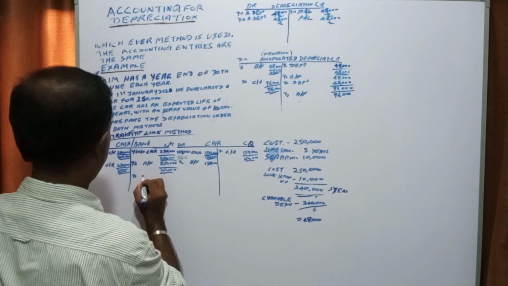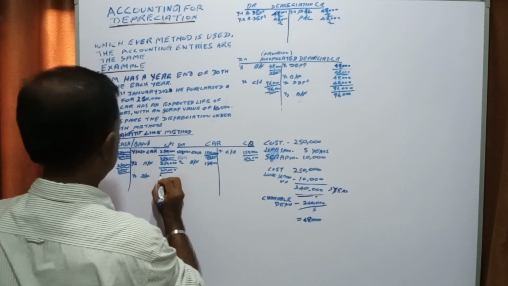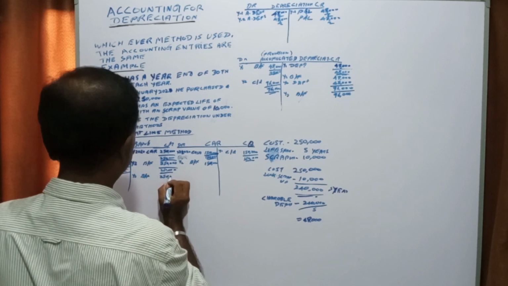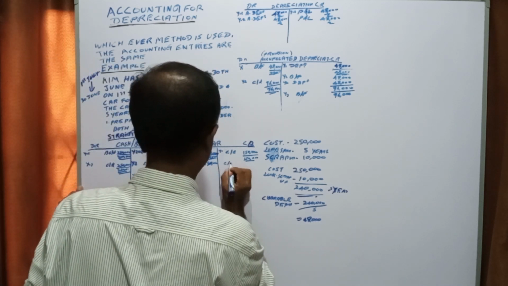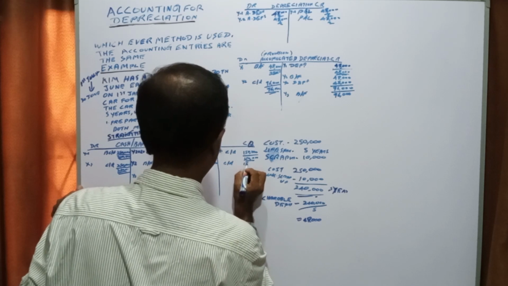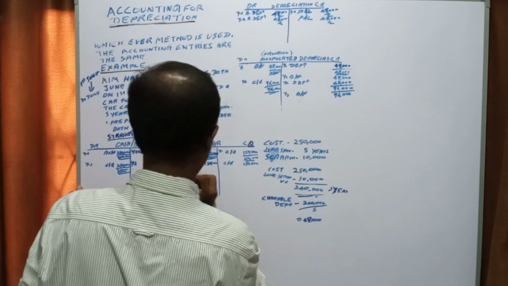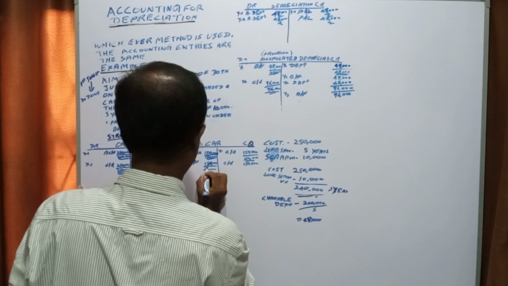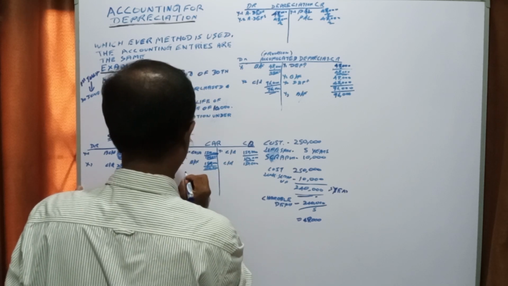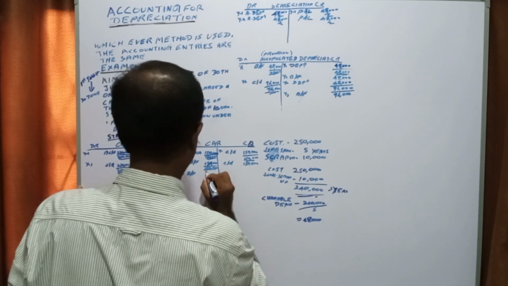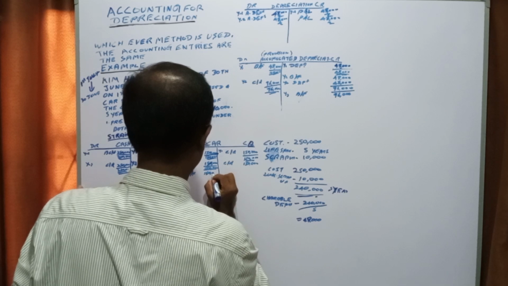Year 3 brought forward balance 250,000. Like that, here also carried down balance 150. Year 3 brought forward balance 150,000.